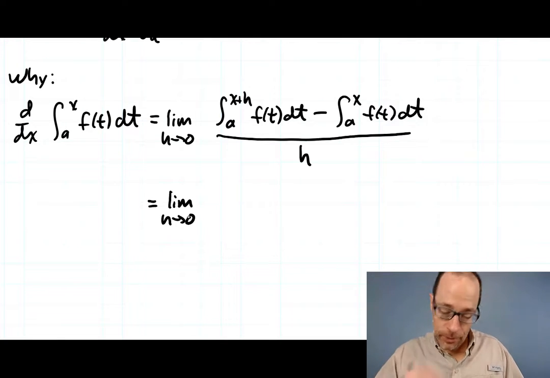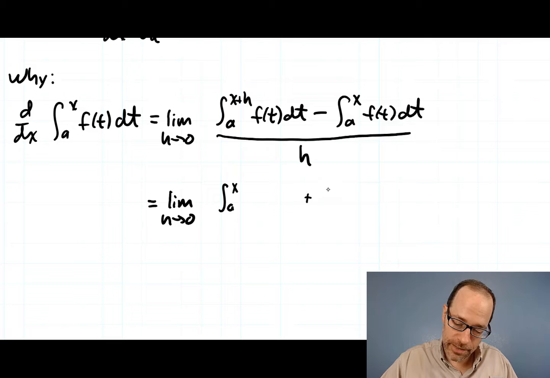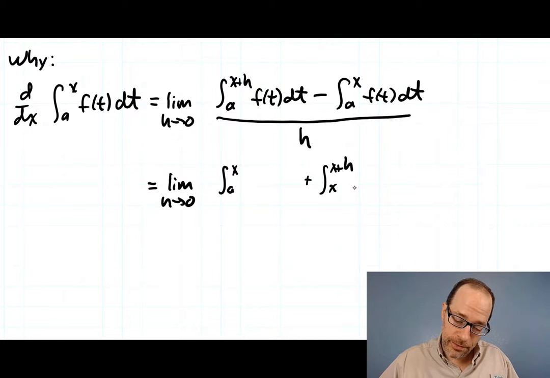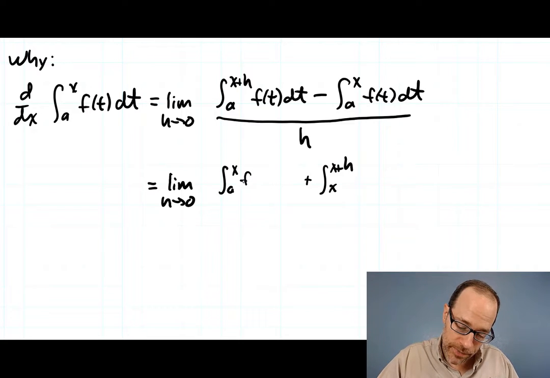That first integral, we could write it as the integral from a up to x plus the integral from x up to x plus h. That was one of our theorems about integration. So we integrate out to x, and then we finish going all the way to x plus h.